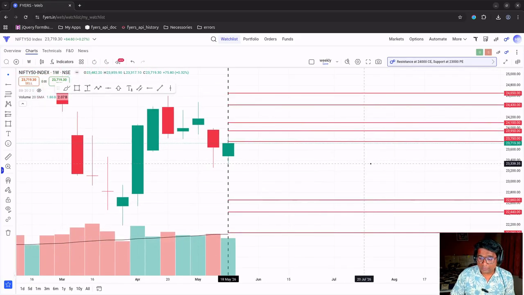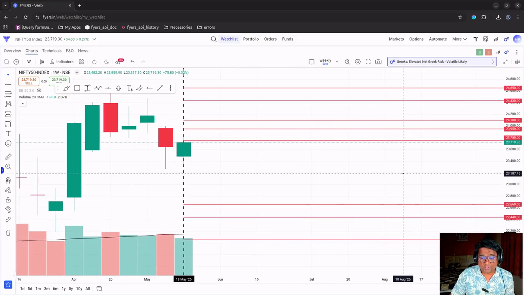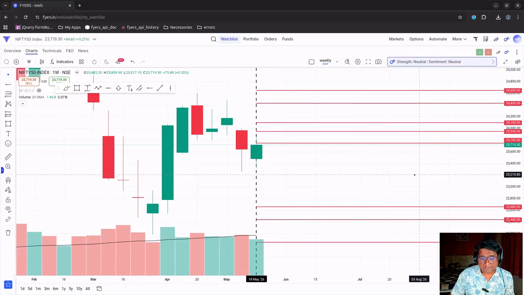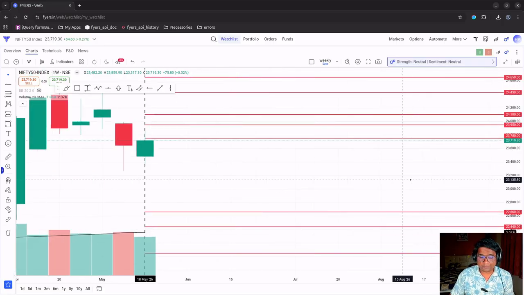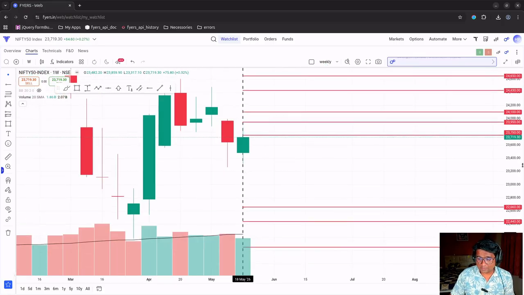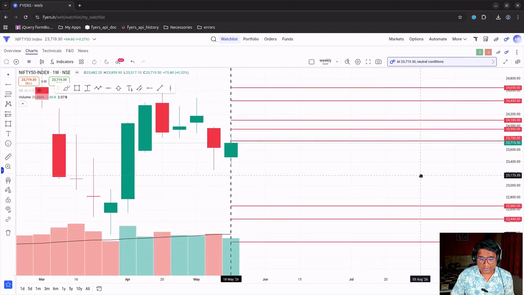Generally the momentum you get is in this void between two key levels. So the greater the void, the greater the chances of momentum.